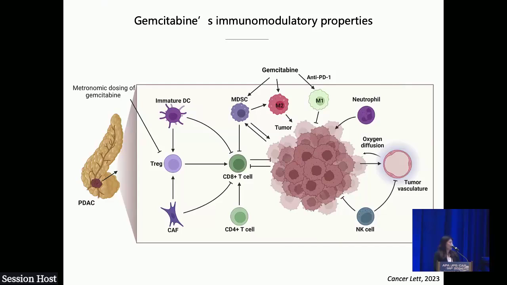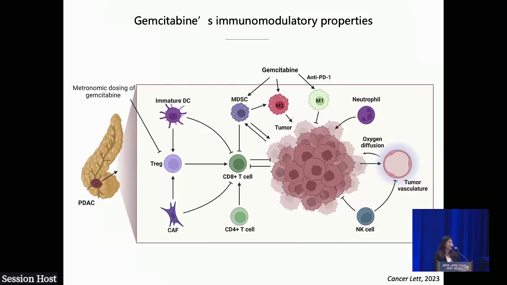For the function of gemcitabine in the immune response, it's found that gemcitabine can suppress the immune microenvironment by promoting M2 macrophage growth, and it also induces MDSC infiltration.